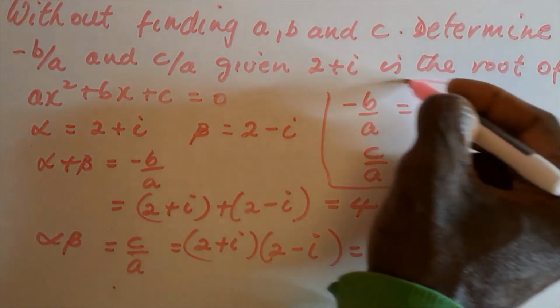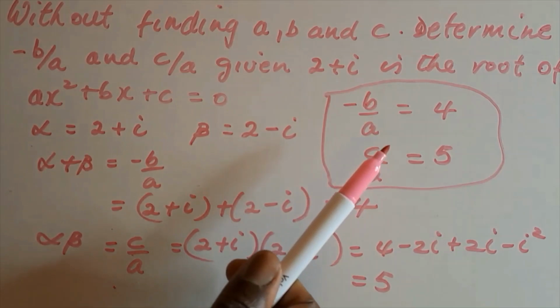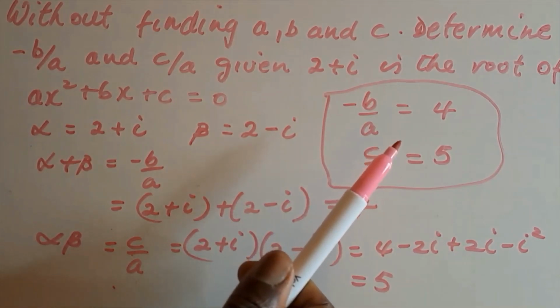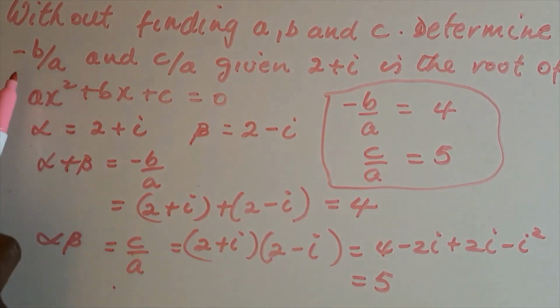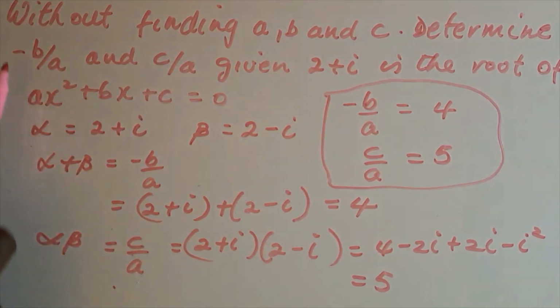So these two form the solution, the roots alpha and beta, combined in each one of these expressions. Minus b over a is alpha add beta, and c over a is alpha times beta.